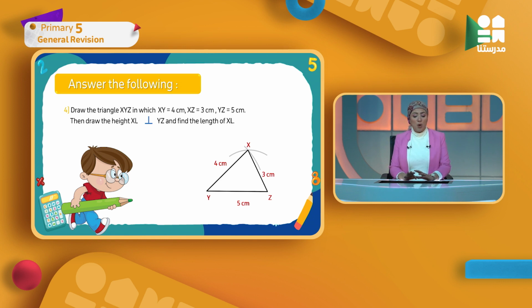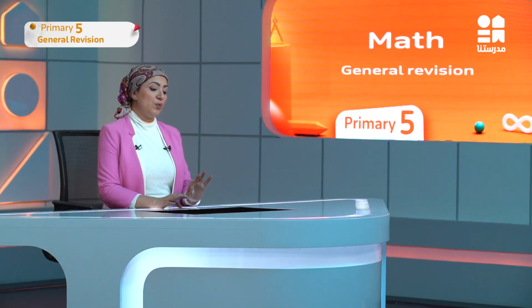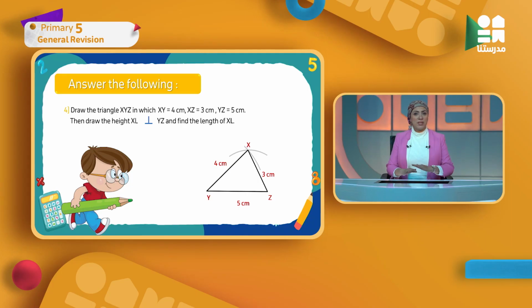I put all the data on it, the points and the lengths of the sides. Now I'll draw my altitude XL. Since it is perpendicular on YZ, YZ is my base, or the side opposite to the point X, and I will drop the altitude from the point X. Of course, I put the ruler on YZ, my base.